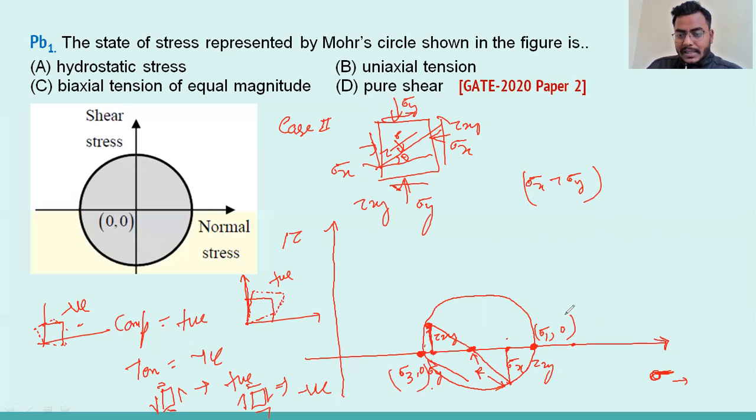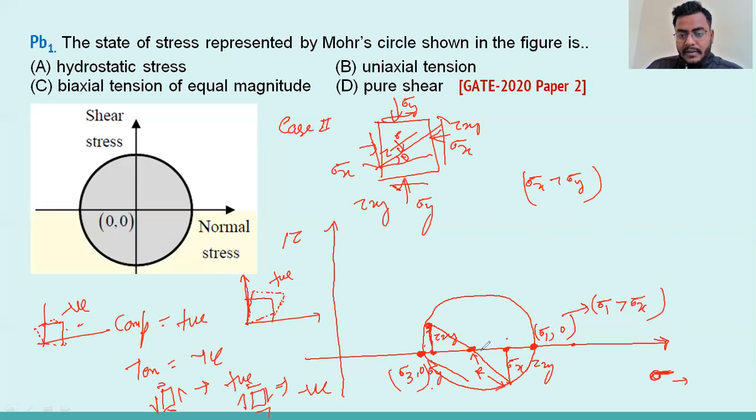So in this case, you can see sigma 1 is greater than sigma x. In the previous case, sigma 1 was equal to sigma x. So sigma x is here, sigma 1 is here. Okay. Now suppose we are going to find theta.